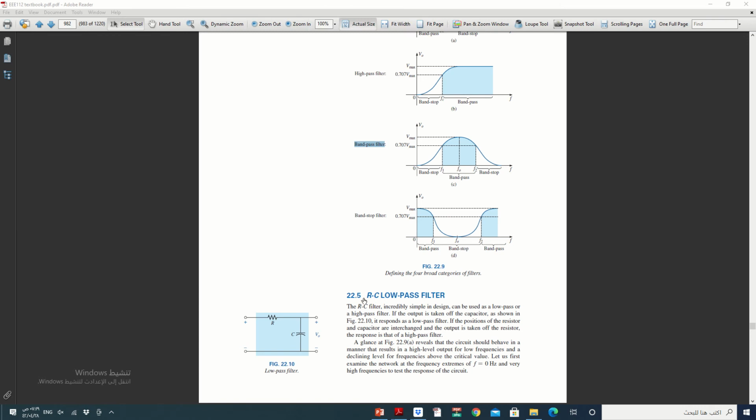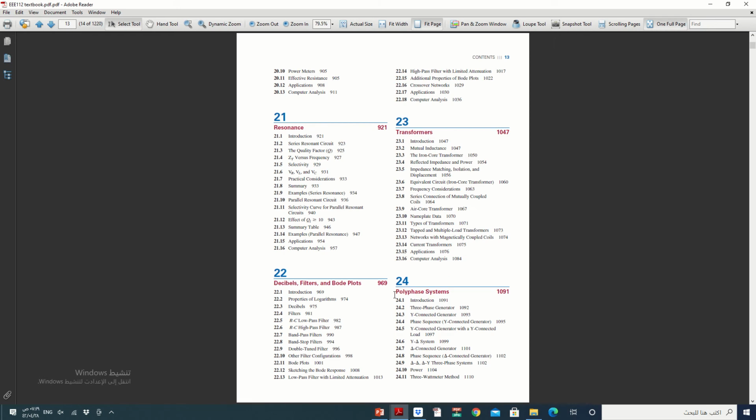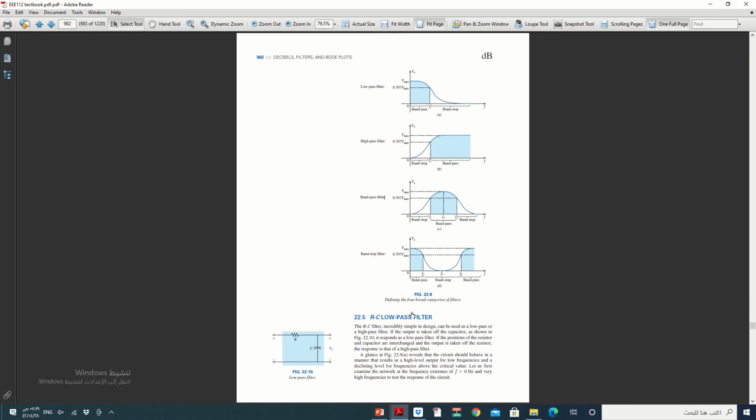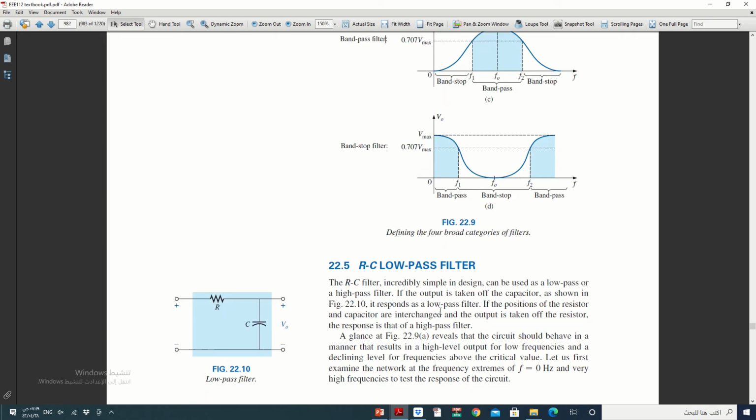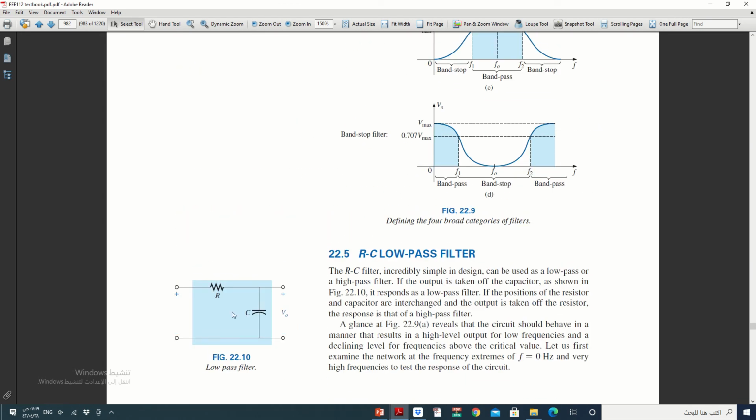Now let us talk about the RC low pass filter. We have this circuit. It is called an RC low pass filter. We can design both the RC low pass filter and high pass filter.